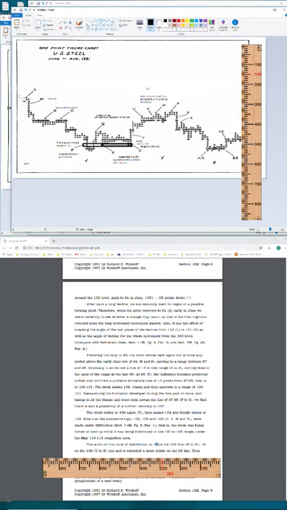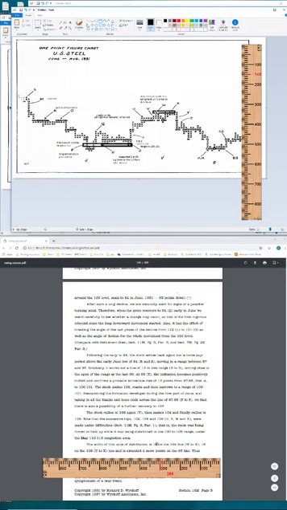So we take initial count up here. It's 10.